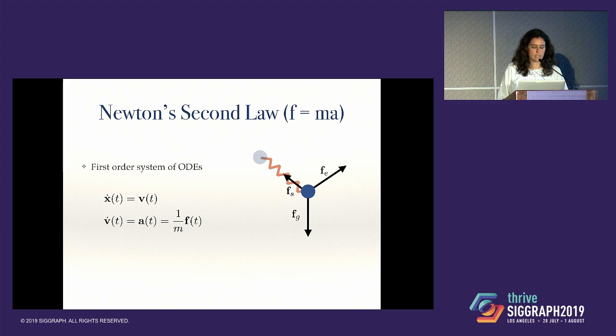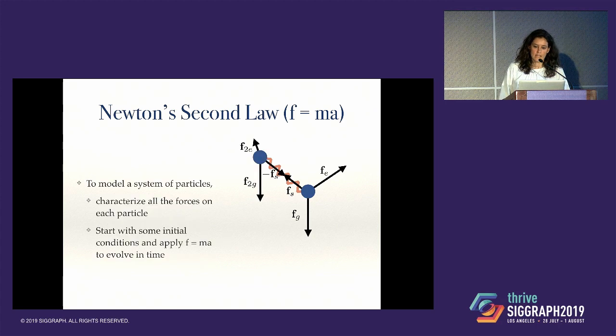Now, a second-order ODE can be converted into a first-order system of ODEs, and given some initial conditions, we write down all the different forces, and we use this to evolve forward in time. And we do the same thing if we have many different particles. For each particle, we characterize all the forces acting on that particle, give initial conditions, and then apply F equals ma to evolve in time.